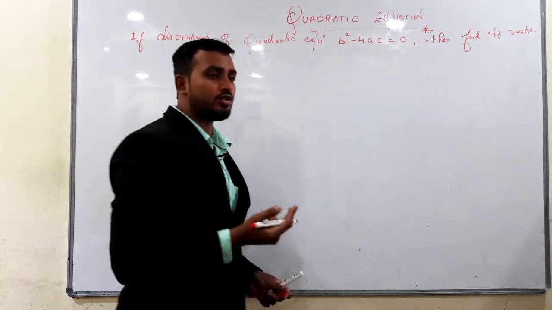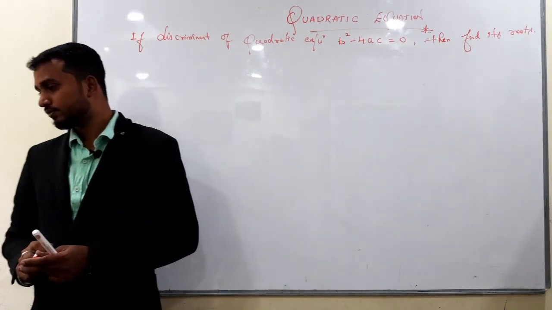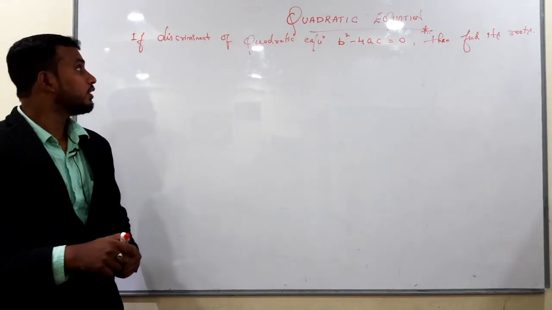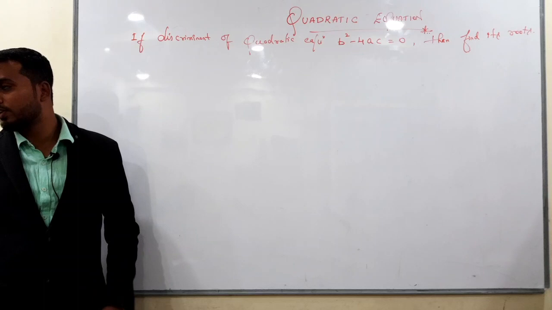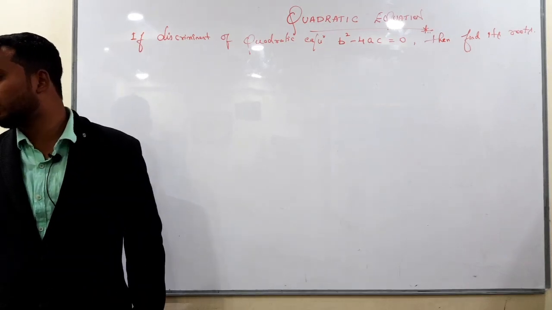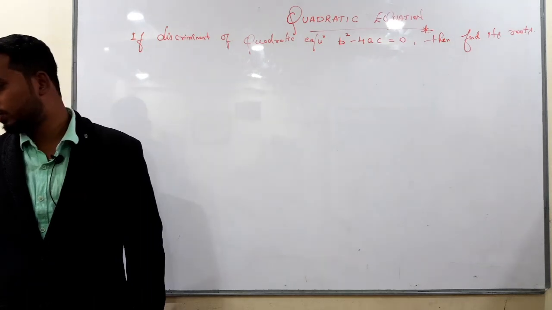Then find the roots or find its roots, both are one and the same. Here we can see, if the discriminant of quadratic equation b square minus 4ac equals 0, then find the roots.